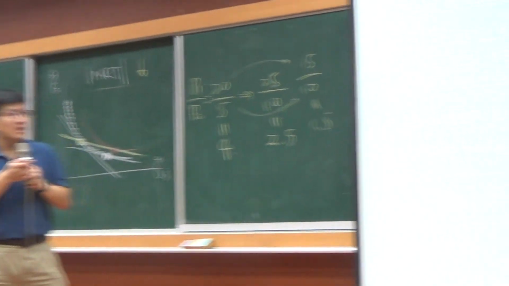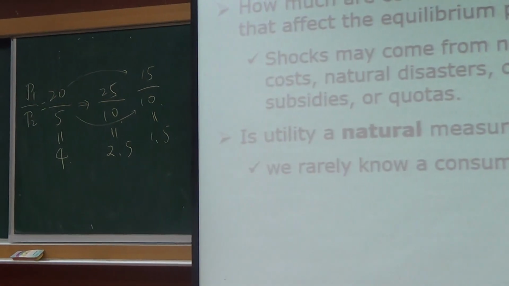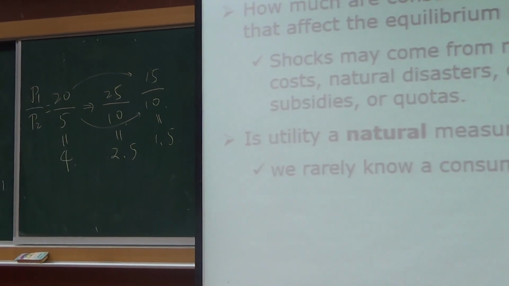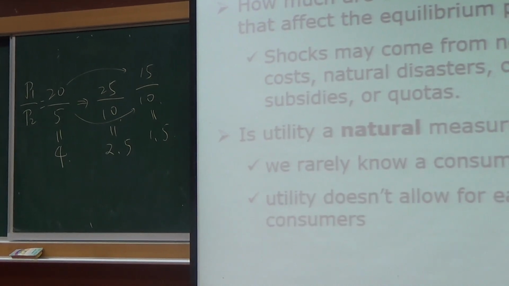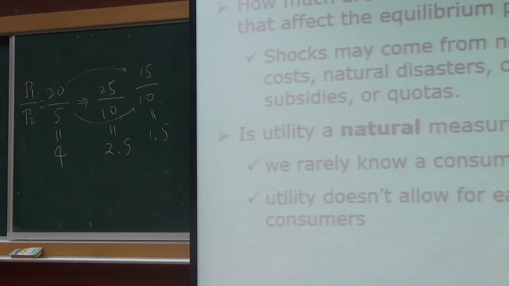We rarely know a consumer's utility function, right? It's hard to know someone's utility function. And utility does not allow for easy comparison across consumers. I know I'm happier than yesterday, but I don't know if I'm happier than you are. So it's hard to define, okay, I'm happier than you are.